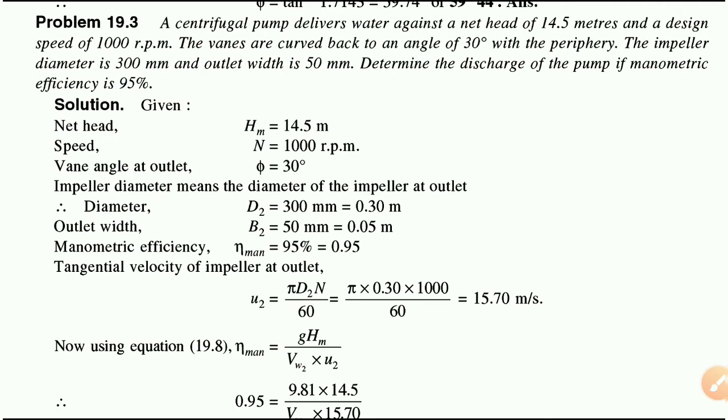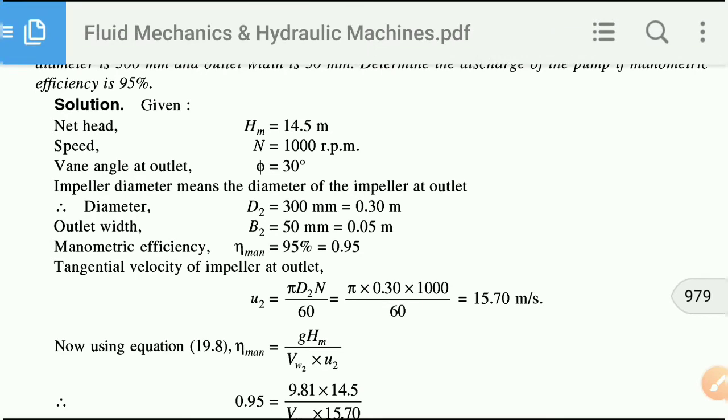The net head given here is 14.5 meters. So net head on the pump is represented by Hm, which is equal to manometric head. It is 14.5 meter. Speed of the pump, capital N, is 1000 rpm.